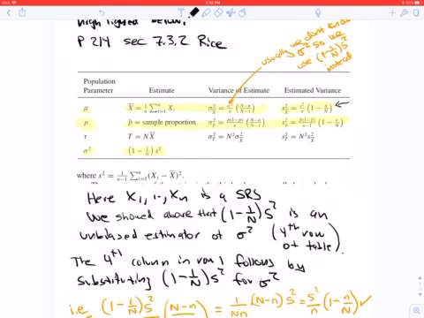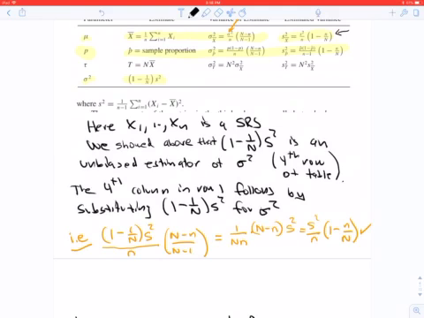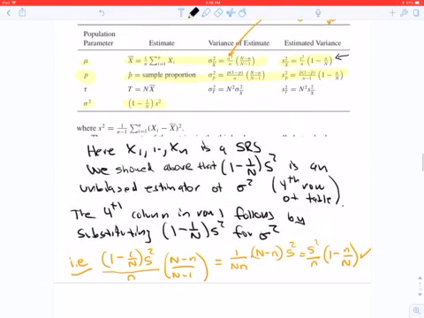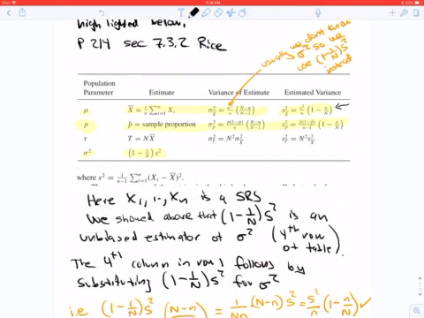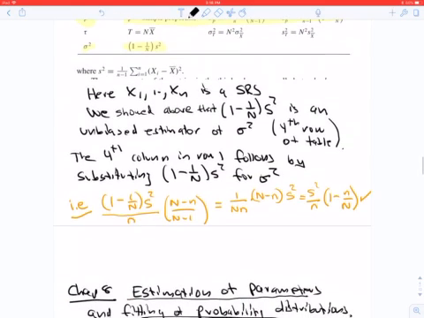The second row follows in the same way as the first row does. I just want to note how we're getting this estimated variance here, in the first row, fourth column: this term 1 minus little n over big N is coming from substituting (1 minus 1 over capital N) S squared for sigma squared.